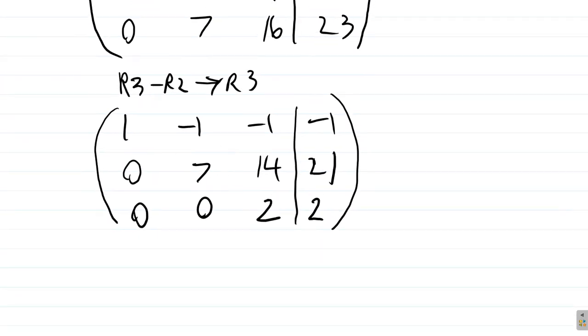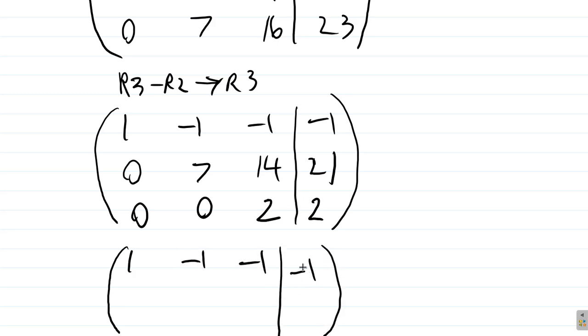We run out of scrolling space, but anyway. We have 1, negative 1, negative 1, line, negative 1. Maybe we could just put the writing here.